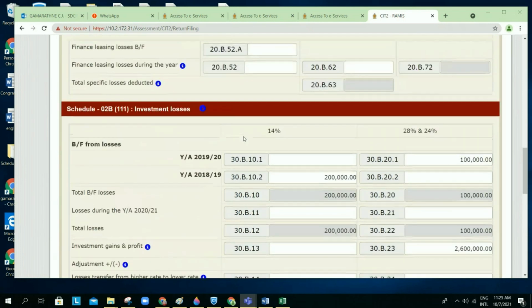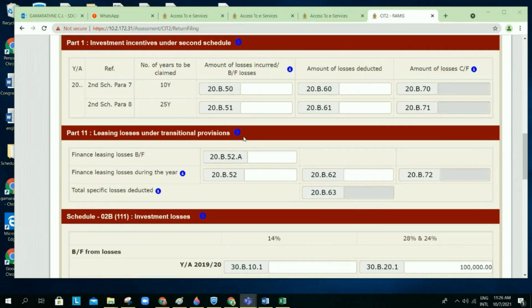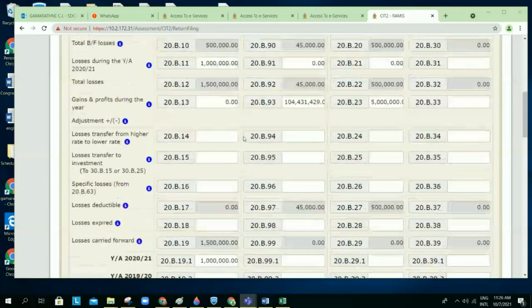Why did we divide like source-wise? As per the current IRD Act, it is clearly mentioned we can claim losses source-wise and also rate-wise.